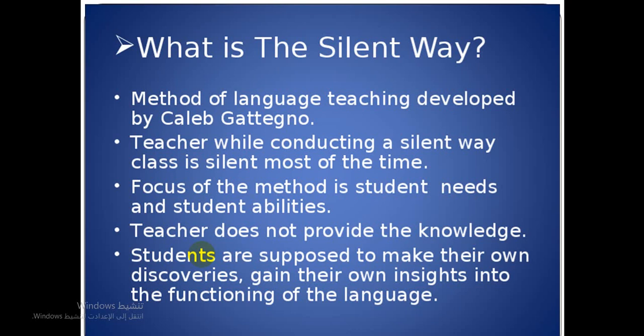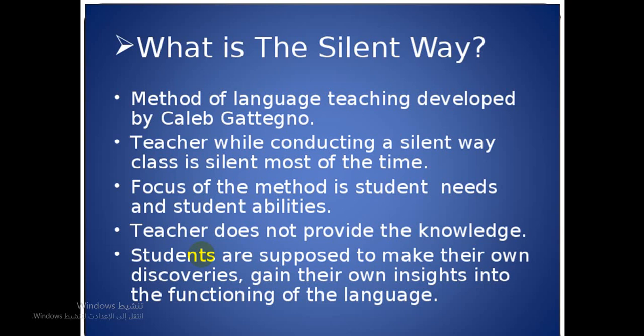Why is this method called this name? Why is it called the silent way? It is so called because the aim of the teacher is to say as little as possible in order that the learner can be in control of what he wants to say.